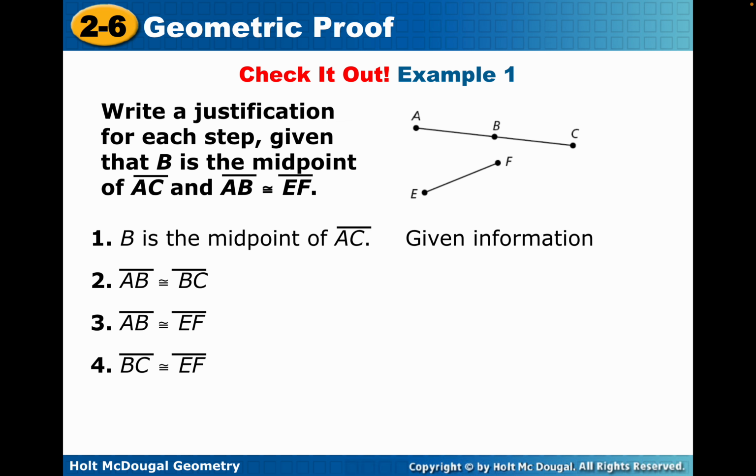What did we do on that last one with the supplementary angles? We're describing what that word means. So what do you think my reason is? Just definition of midpoint. It describes what the midpoint is: those segments are congruent because B is the midpoint.